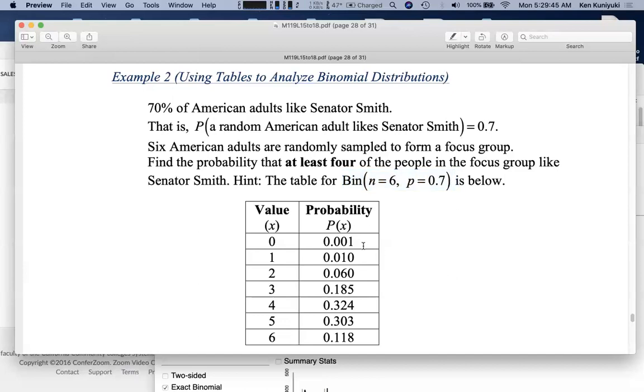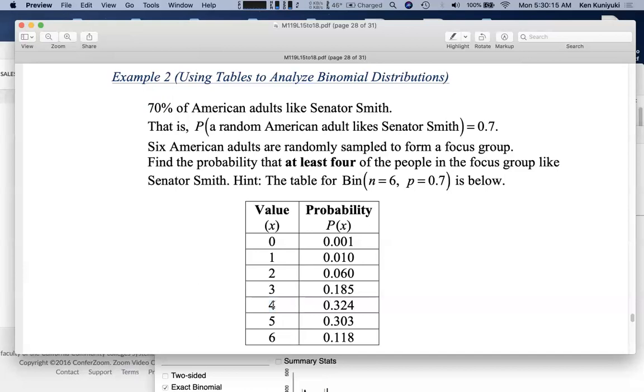Okay, so the probability that nobody in the group likes Smith is almost 0. Bear in mind, Senator Smith is pretty popular, and the probability that nobody among the 6 people in the group likes Smith is almost nothing. Now, 70% of American adults like Smith, so it's not surprising that the most likely number of people in the group who like Smith is 4. 4 out of 6, or 2/3, is pretty close to 70%.